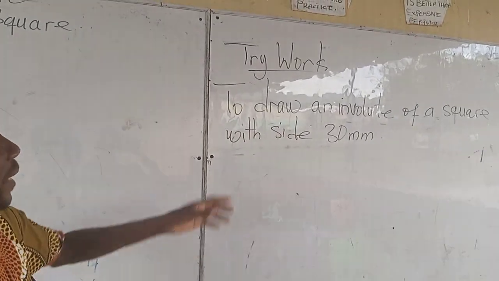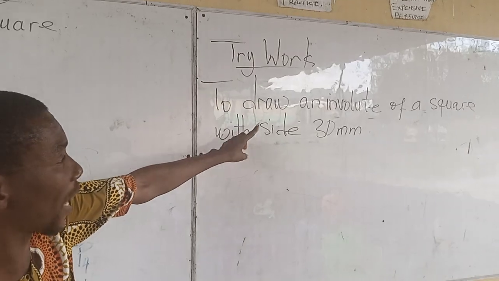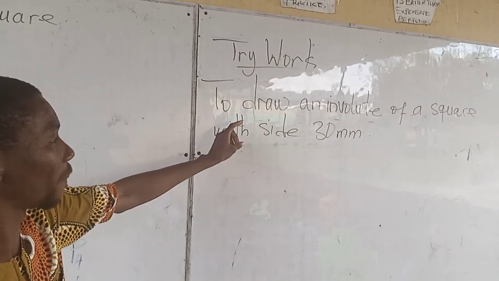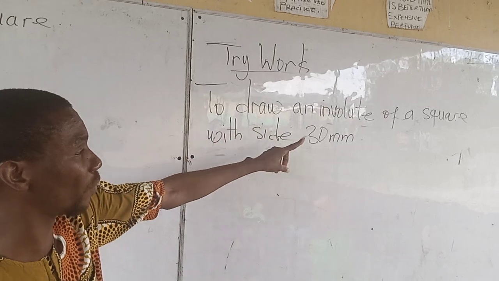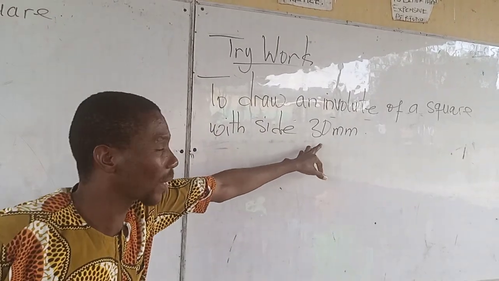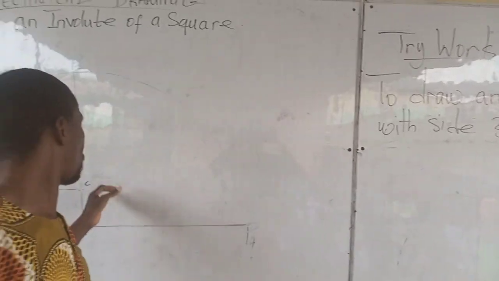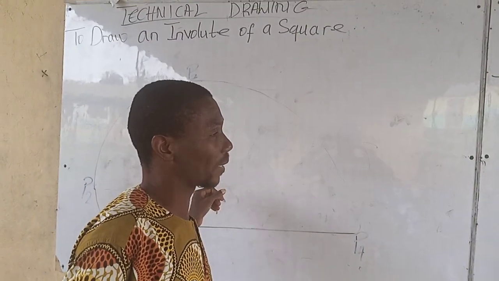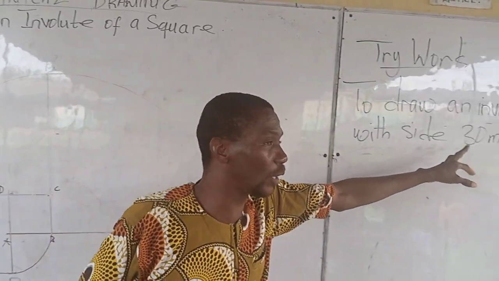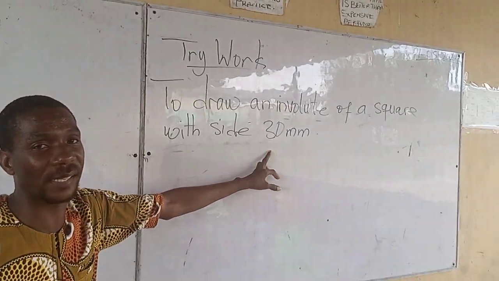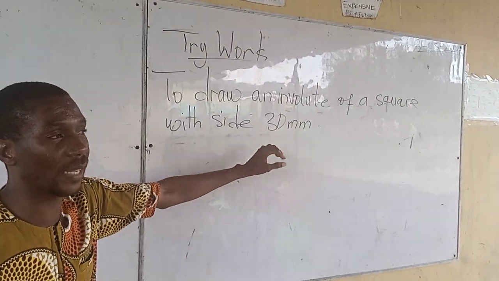So viewers, this is our try work for today. It says to draw an involute of a square with side 30 mm. In this video, what we did here was a side of 20 mm. So in your own practice, use a side of 30 mm.